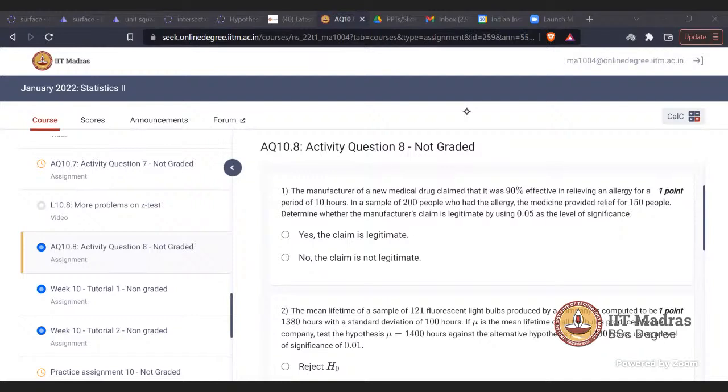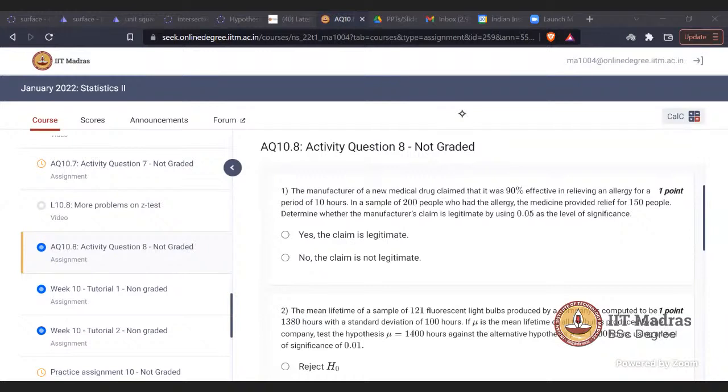So the 200 is given to calculate the probability. 150 by 200 is 0.75, which is the observed value.